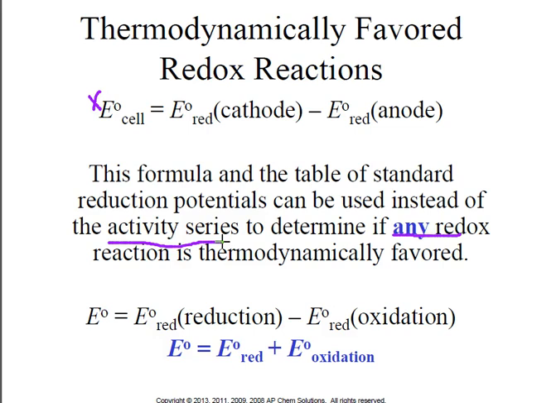But what it's saying is this is an alternate way to determine if a redox reaction will happen, and you simply use the equation from last time, which involves either changing the sign on the anode or subtracting it, and then when you put those together, you're figuring out if the E cell is positive or negative. Positive means that it is favorable, and a negative E value would mean that it is not.